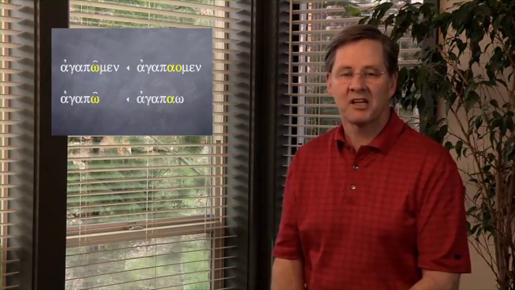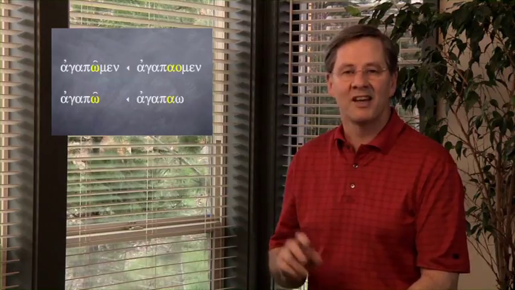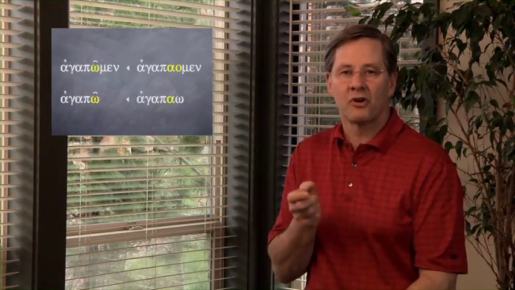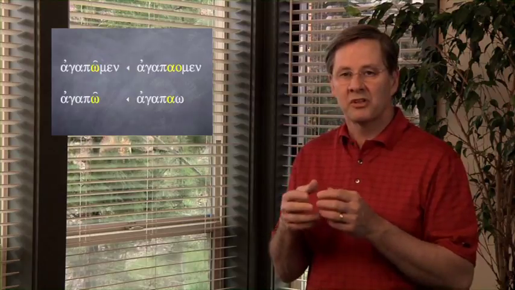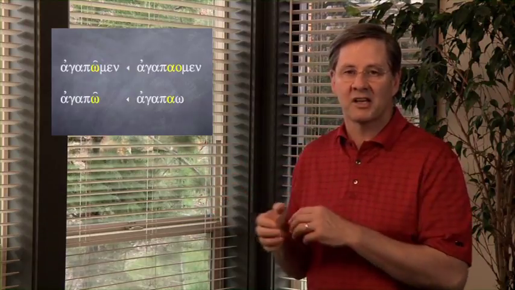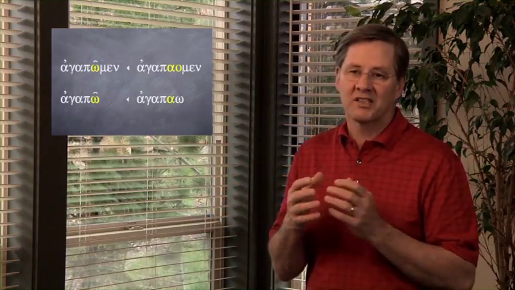If the lexicon just said agapo, you couldn't tell. So what the lexicons do is they give you the uncontracted form. But when that first person singular form actually occurs in the text, the contraction is going to have occurred. And so you'll have agapao in the lexicon, but in the Bible, it will actually say agapo.